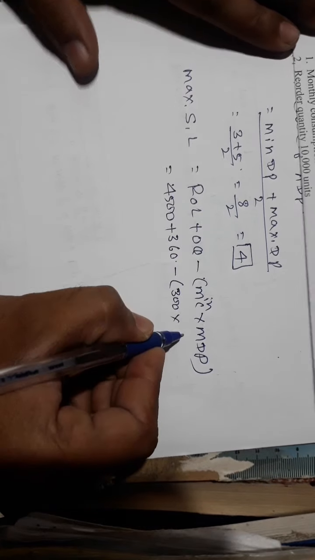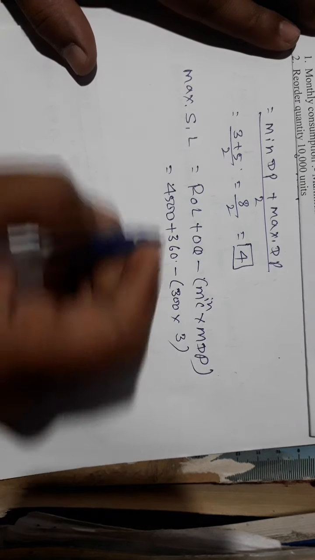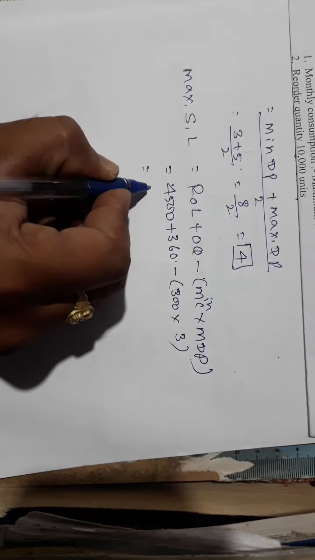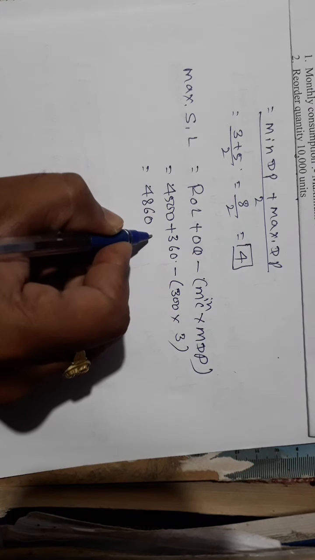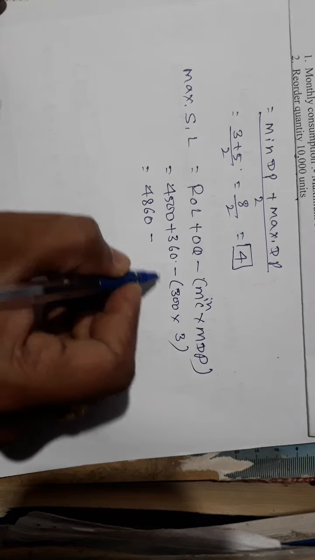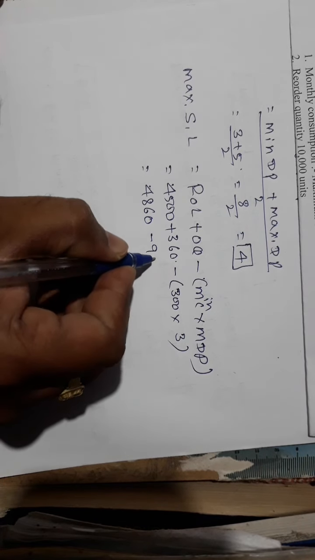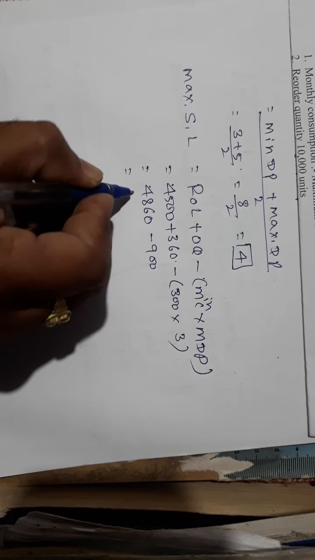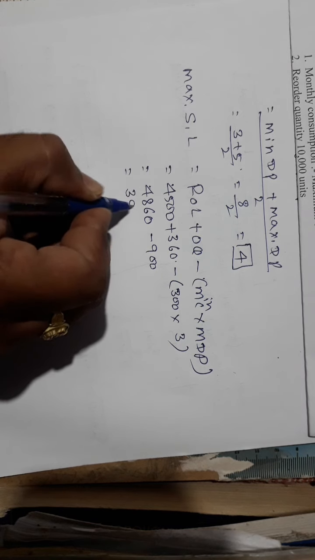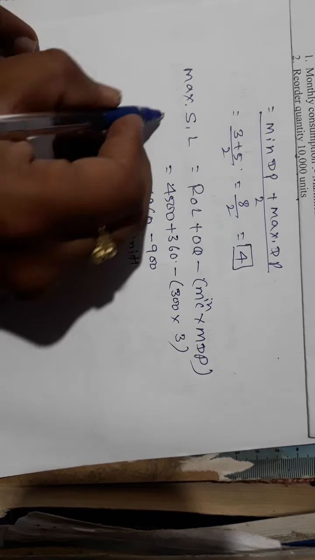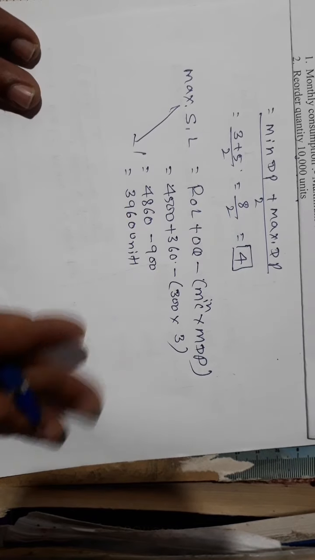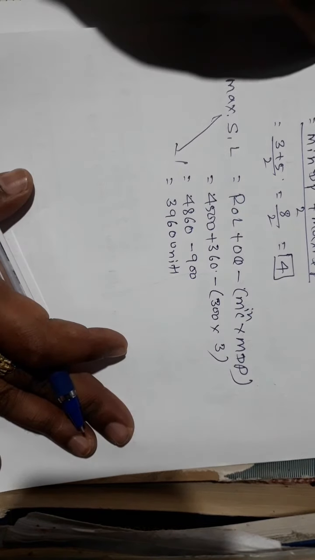Into 3. Calculating, 4860 minus 900 units becomes 3960 units. We have found the maximum stock level.